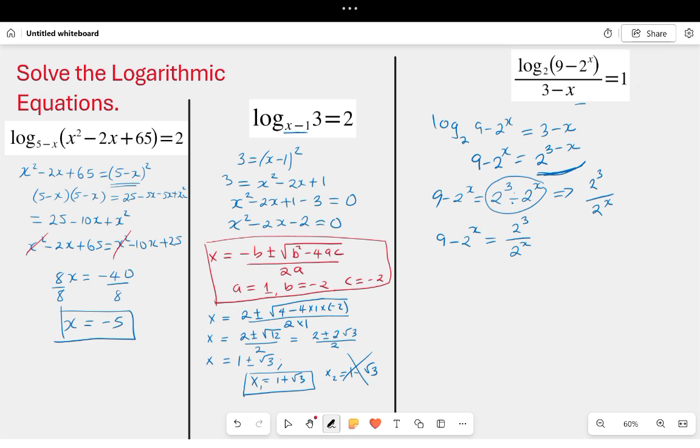Now, to get rid of the denominator here, we are going to multiply by 2 to power x, and over here we're going to multiply by 2 to power x.